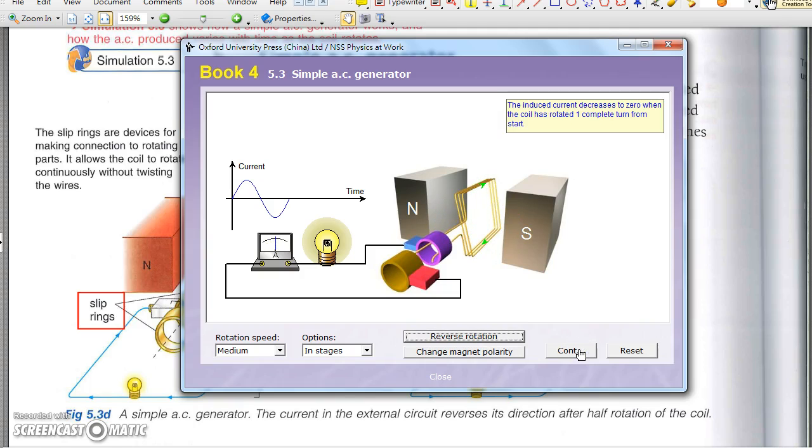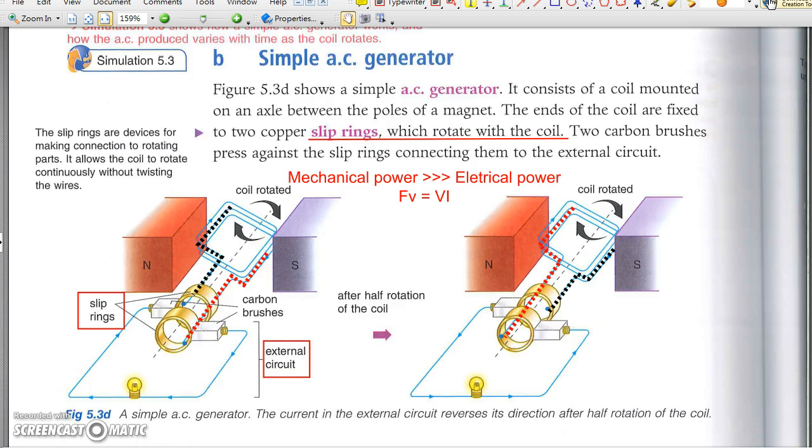The induced EMF is minimum when the plane of the coil is vertical. In a generator, the mechanical power given by the external force is converted into electrical power in the circuit. Mathematically, we have Fv equals VI.